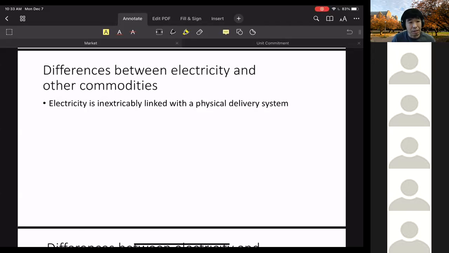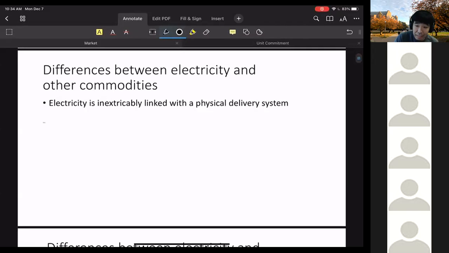Electricity is its own special kind of market, where the physical delivery, getting current, getting electrons to people, and the financial market are tied together. It's very much tied together. So in some sense, the financial market cannot really be decoupled from the physical delivery of the good. That's the interesting thing about this.